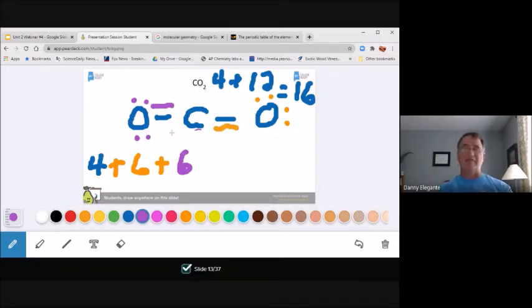Instead of oxygen having 6 and 1 shared pair, now it has 4 shared electrons and 4 electrons that it keeps to itself. But look at the carbon now. Carbon sees 2 in the orange bond, 2 in the blue bond, 2 more in the blue bond, and 2 in the purple bond. So this is an example of a successful Lewis structure that accounts for all the electrons.